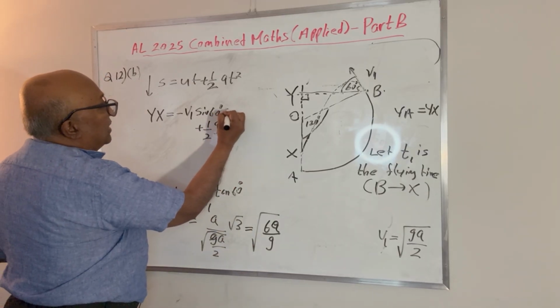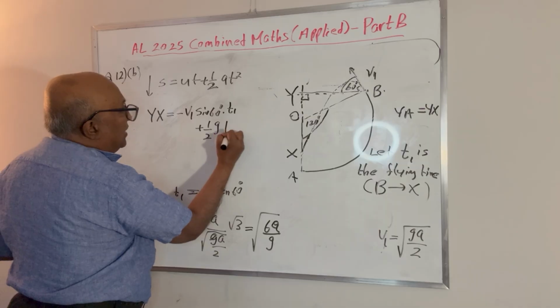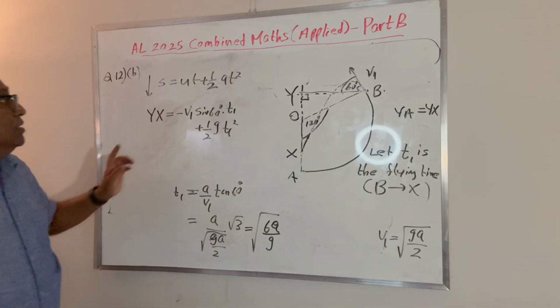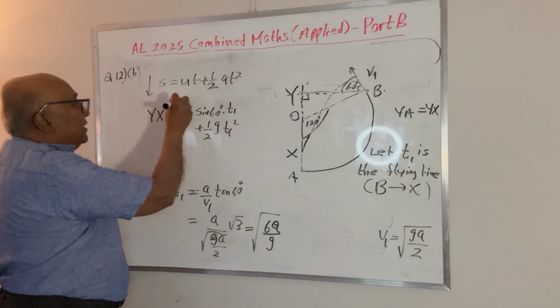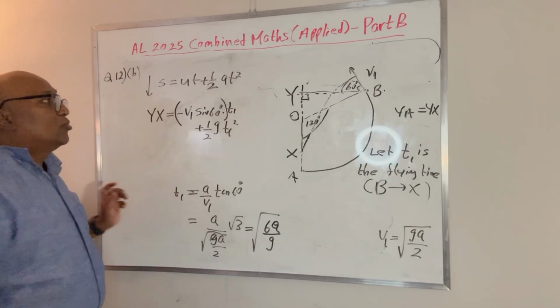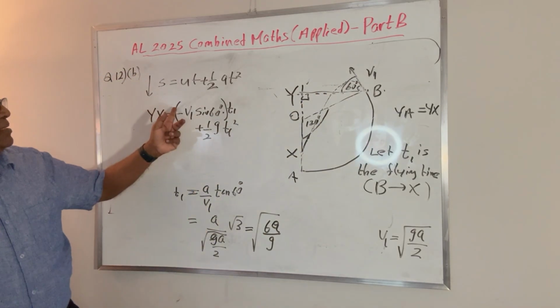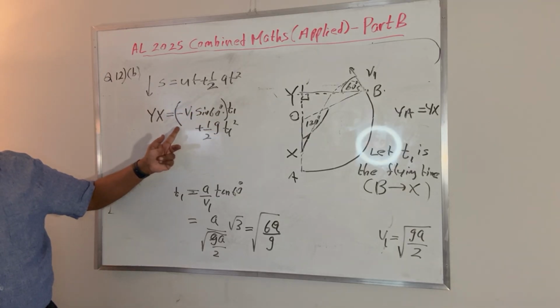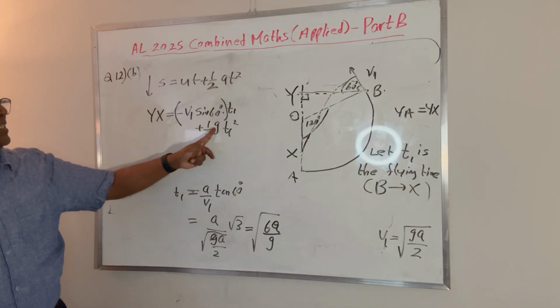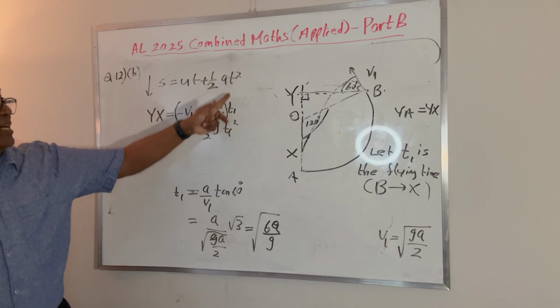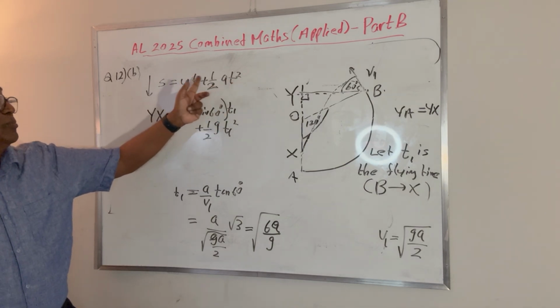Here also you have to write t1 squared. Instead of u, I wrote this component of v1 in downward direction. This is u, half g, t1. I put t1 in both places.